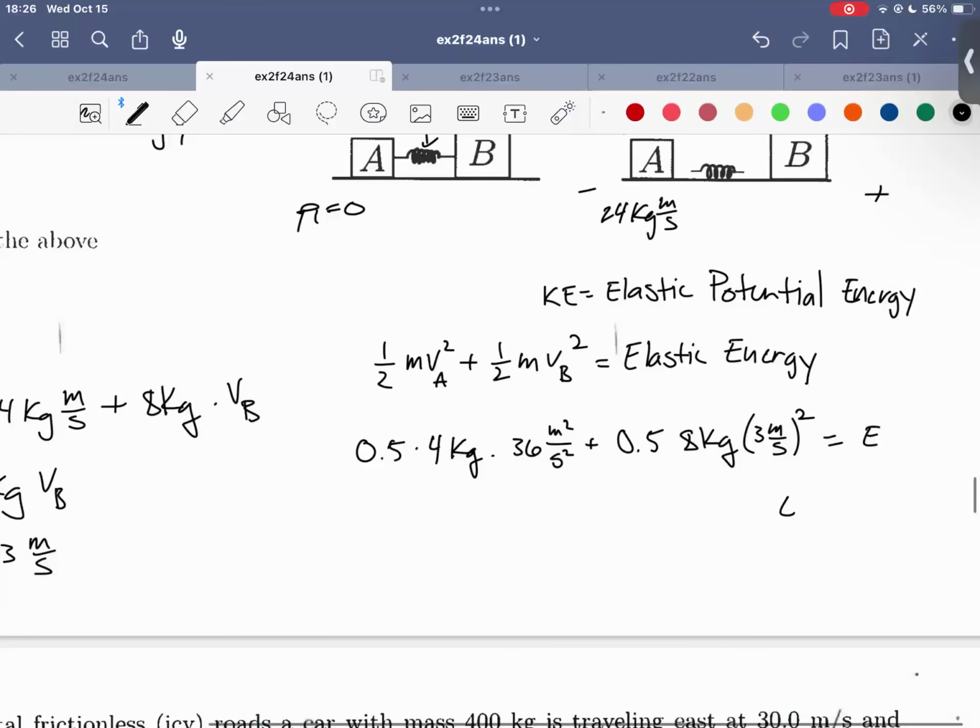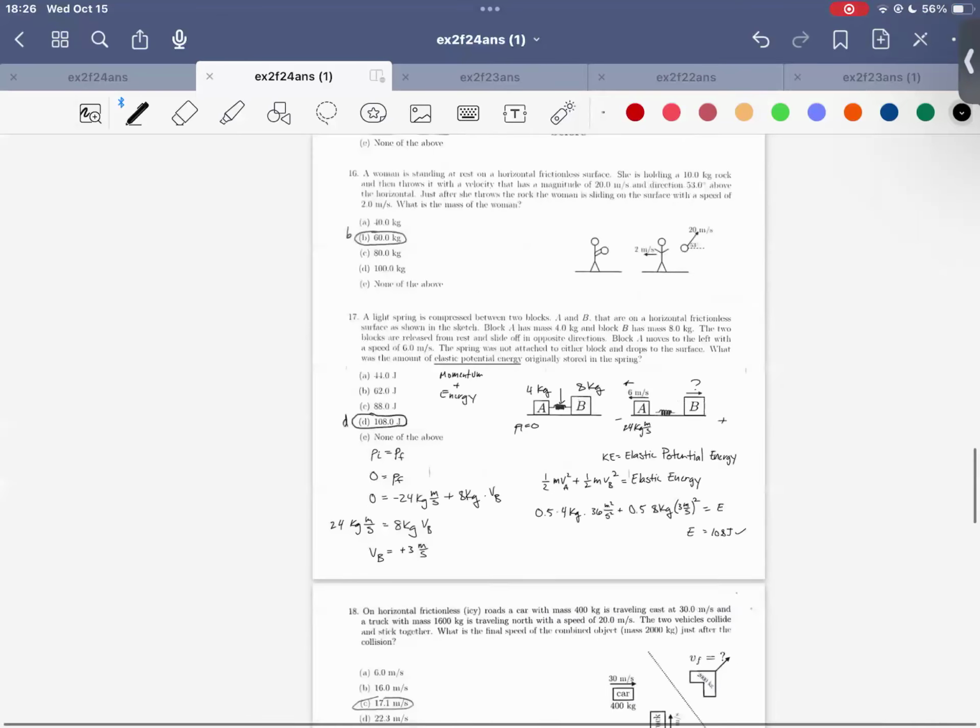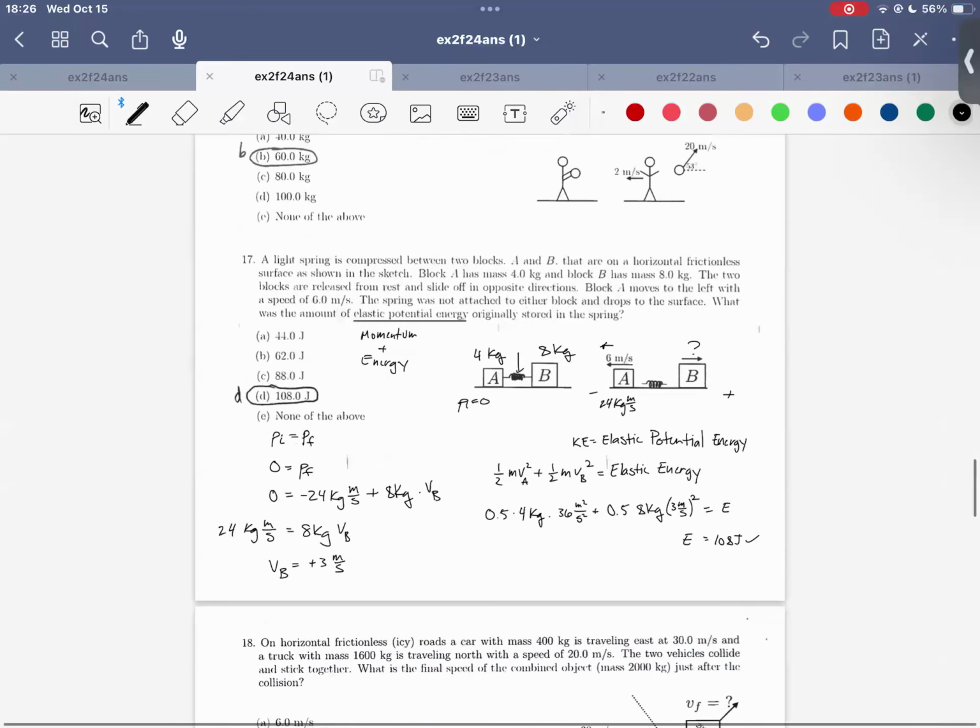Yep. And so energy is equal to 108 joules. So that's 17.